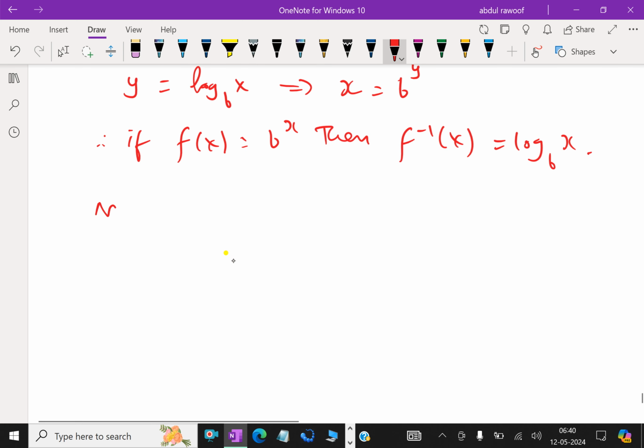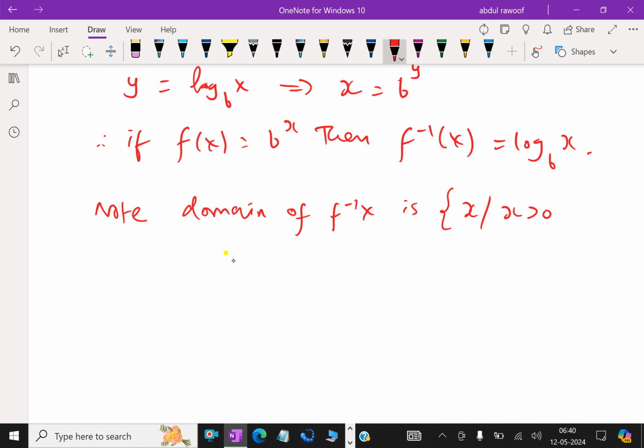Domain of f inverse is x such that x is greater than 0.